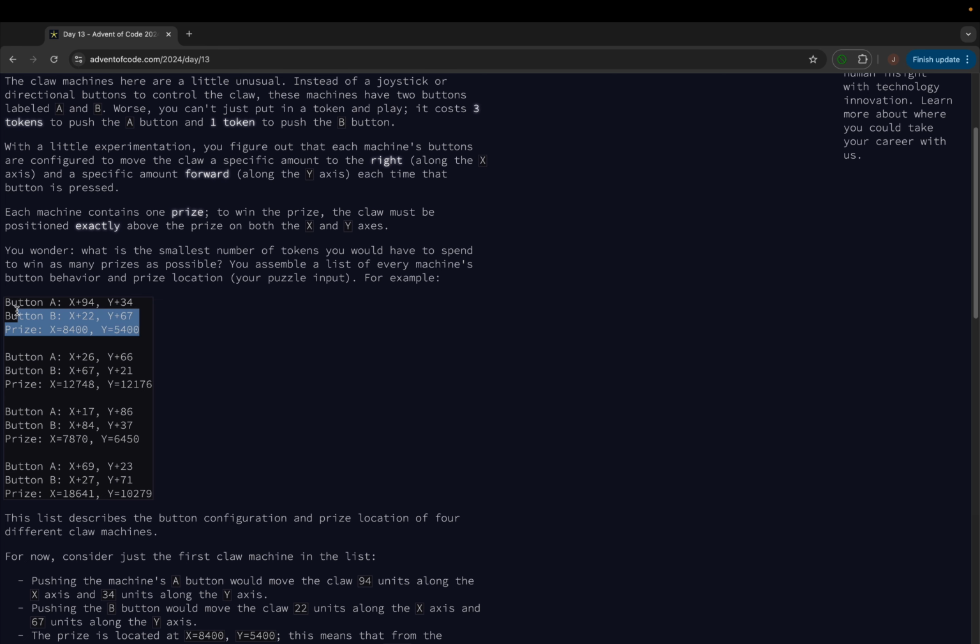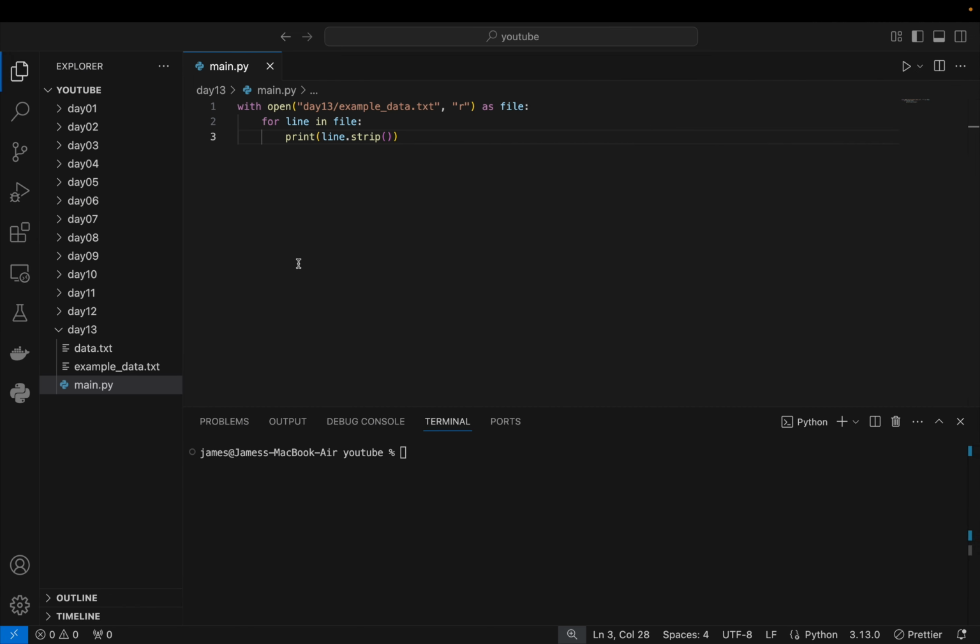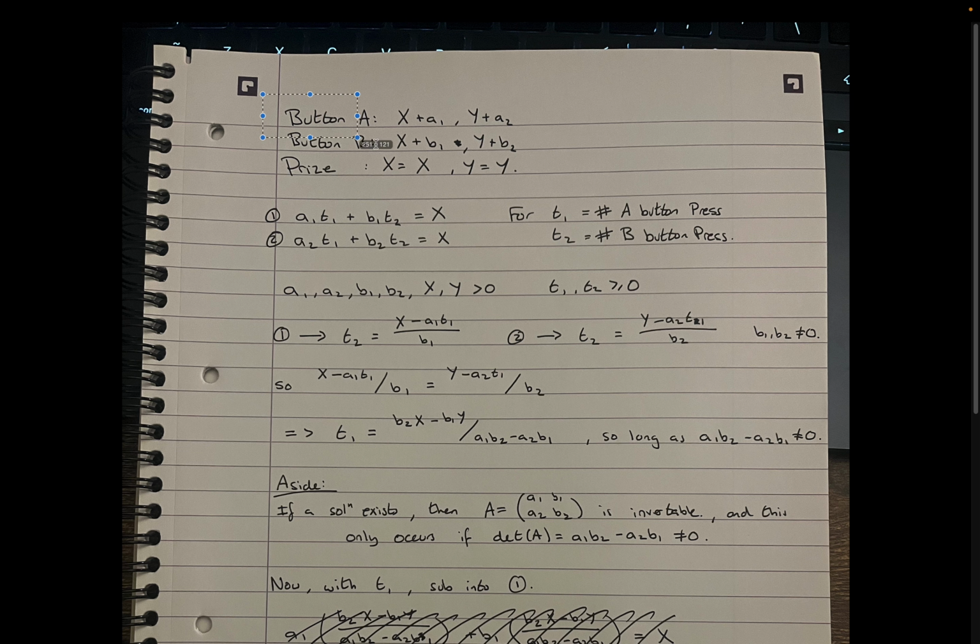So if we take this here, we can make this kind of a system of equations. I've just written down what's on the page. And instead of the numbers, I've put A1, A2, B1, B2, and capital X and capital Y. You can imagine for this X here, X is a combination of B1s and A1s, and every time you press the A button, it adds an A1, and every time you press a B button, it adds a B1.